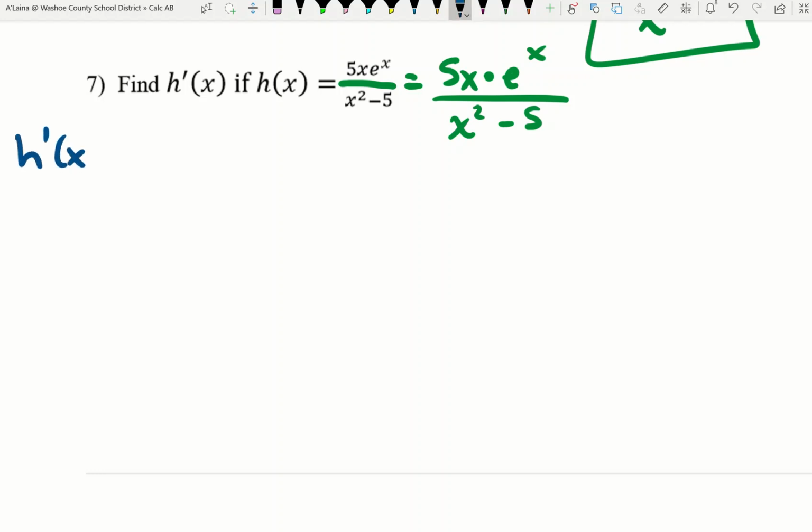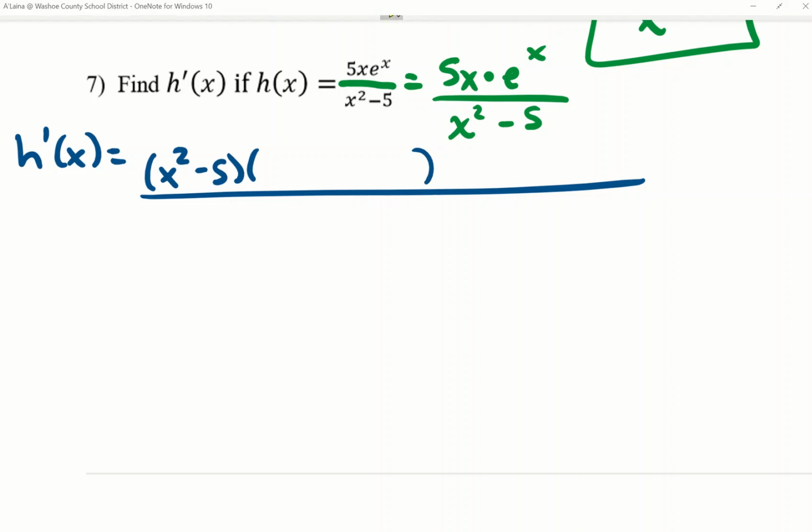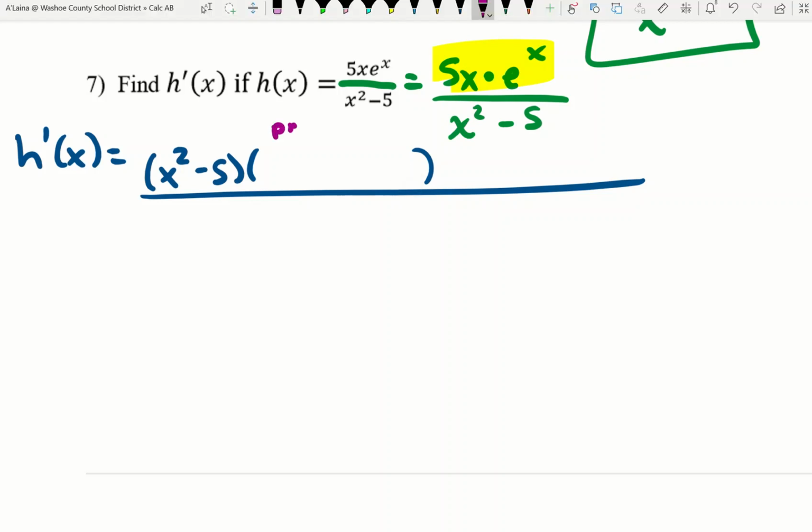So if we want to find the derivative, let's start with our calculus first, which is really going to only be one step. So to use the quotient rule, we want to take the denominator, and here's where it gets tough, I want to multiply it by the numerator's derivative. Well, as I take the derivative of this numerator, I have to use product rule in order to do that right here.